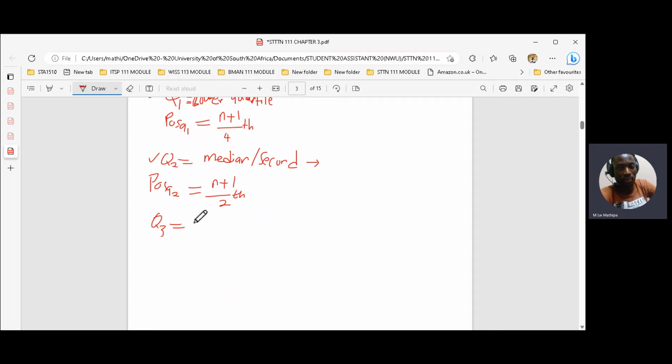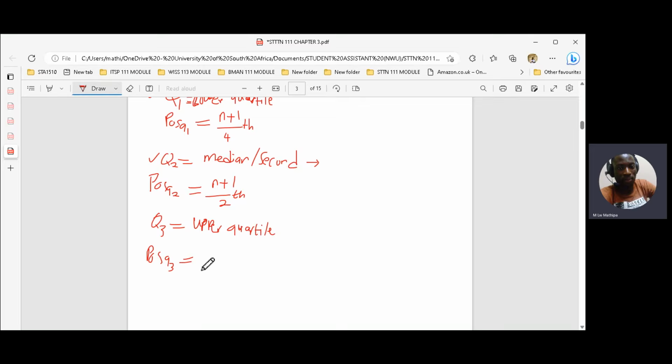The position of Q3 is equal to 3 times n plus 1, divided by 4, which is 3(n+1)/4.